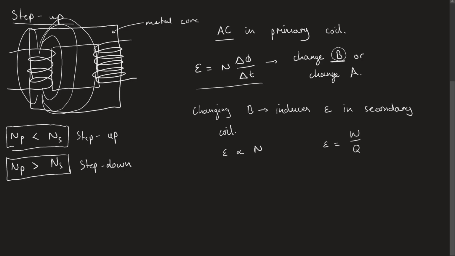Okay, so now if I've increased the EMF, it means that I've given each of these charges more energy, right? So each individual electron now holds more energy. However, in order to conserve power, so the total amount of energy being transferred, I have to make sure that I have less charge being transferred per second, right? So in order to conserve energy, each electron gains more energy.